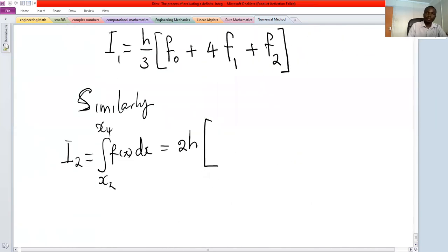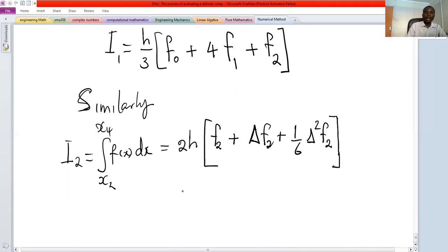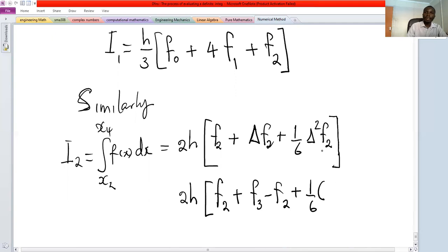So I'll have f2 plus forward of f2 plus 1 over 6 second forward of f2. So we'll have 2h into f2 plus forward of f2, which is f3 minus f2, plus 1 over 6 into this, which will be f4 minus twice f3 plus f2.